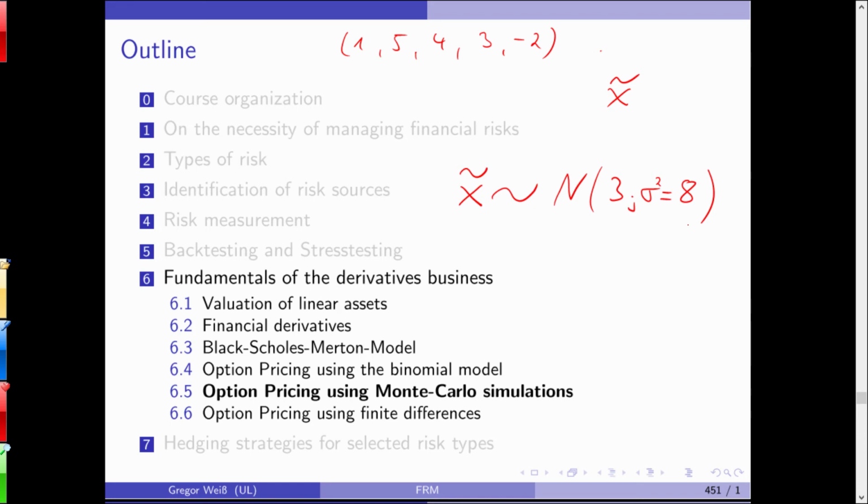Do you have any examples for such a simulation of a sample? Yeah? You're probably rolling a die. Yeah. And this is why it's called Monte Carlo simulation. If you go to a roulette table, if you roll a dice, you're doing exactly this. You are simulating observations from a well-known distribution.